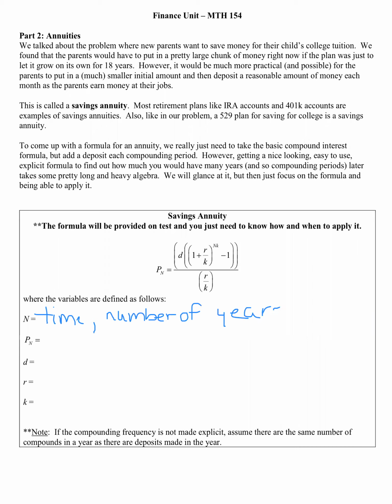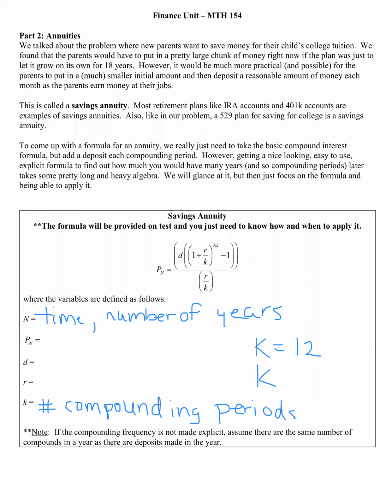That relates to K because K is the number of compounding periods in 1 year. So some common ones are if you're going to do monthly, your K would be 12. If you were going to do quarterly, your K would be 4, semi-annually would be 2, etc.